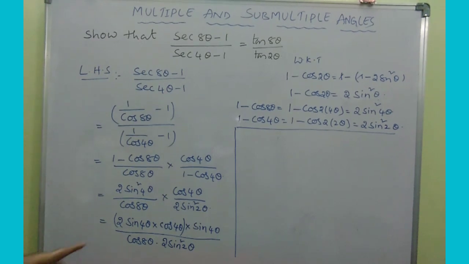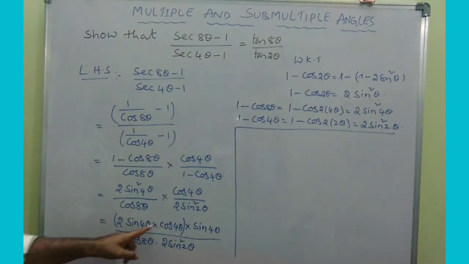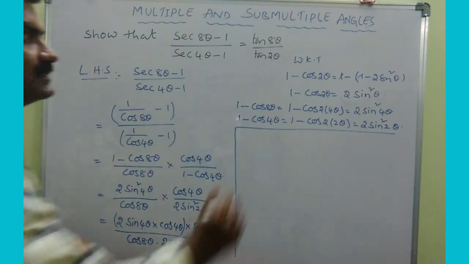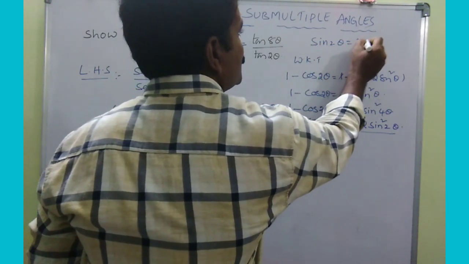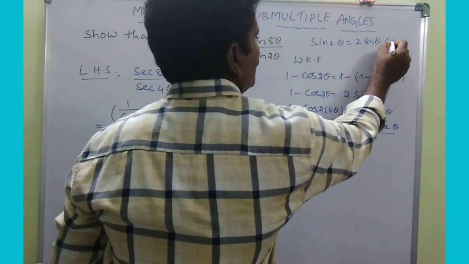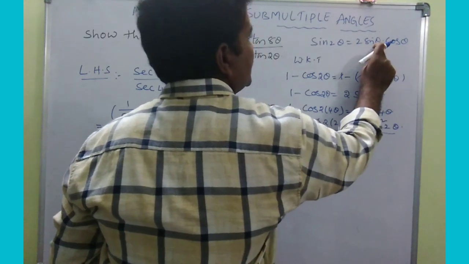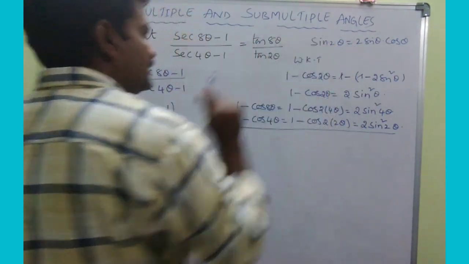Okay, so see, this is just like 2 sin theta into cos theta. What is the formula for 2 sin theta into cos theta? Sin 2 theta formula, which is 2 sin theta into cos theta. If it is theta, then it becomes 2 theta.